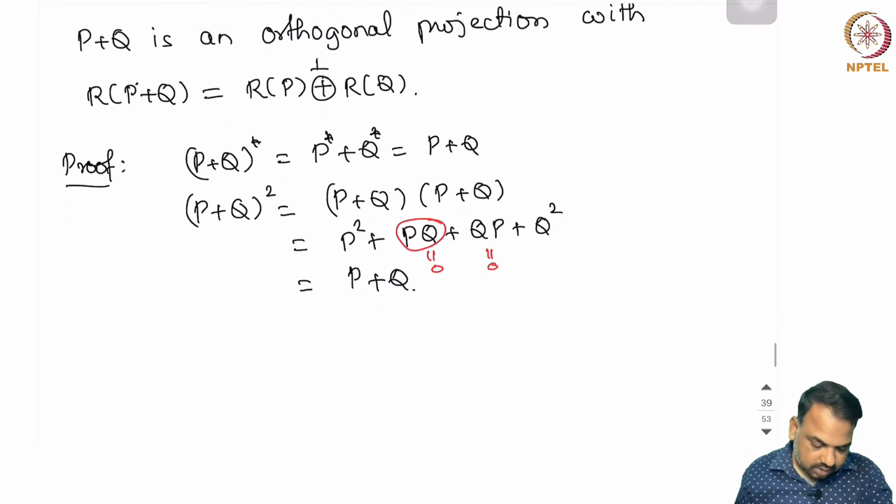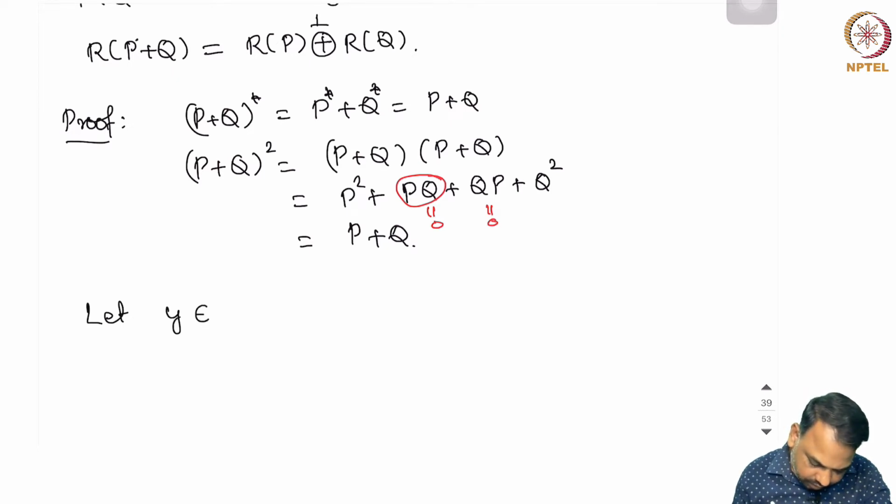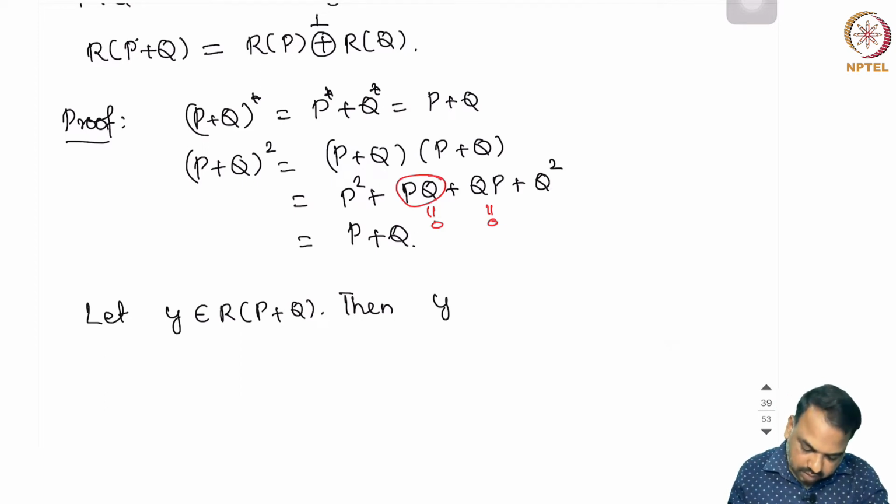Now to see the range of this projection, let us take y in range of P plus Q. Then we can say that P plus Q of y equals to y.